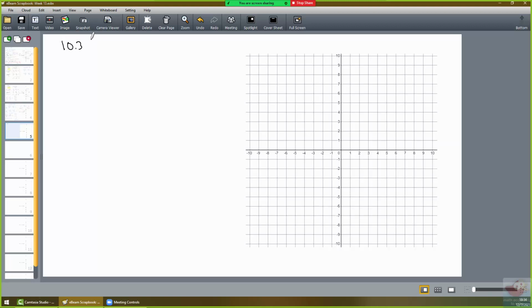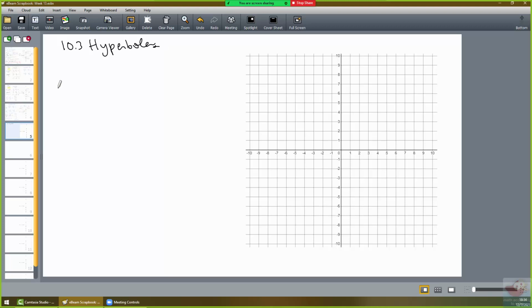10.3 is hyperbolas. And we'll learn via a picture again.